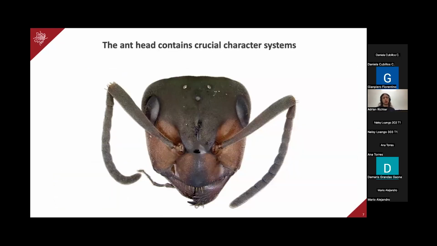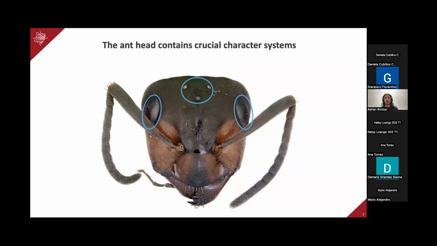Now, to get to my PhD project on the ant head, why did I choose the head as my study focus? The head is, of course, rather important for ants because it has some very crucial character systems.